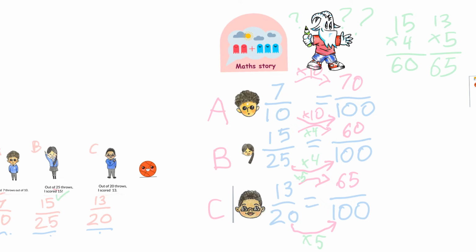Well done. So now, turning it into percentages shouldn't be a problem at all. 70 hundredths is equal to 70%, 60 hundredths is equal to 60%, and 65 hundredths is equal to 65%.